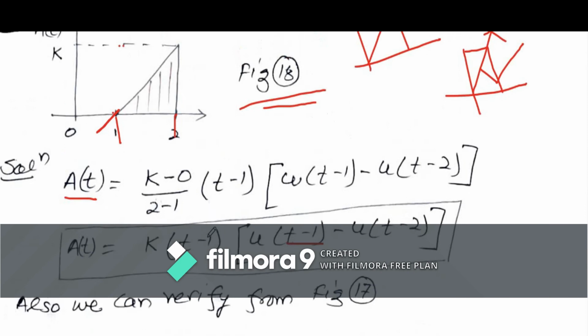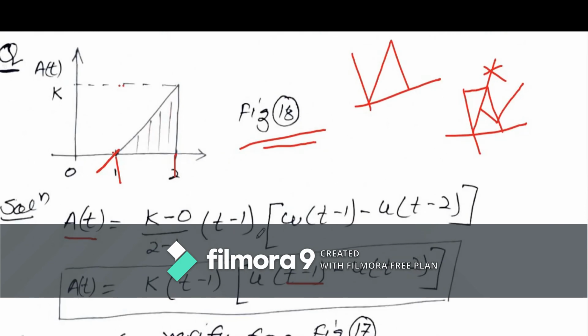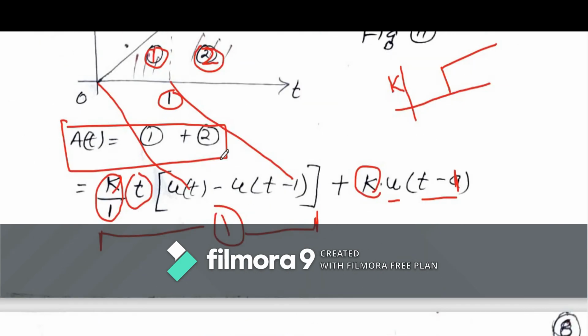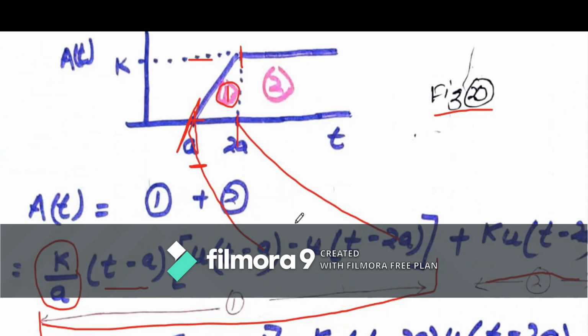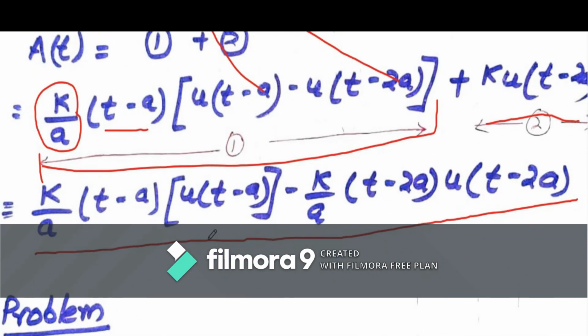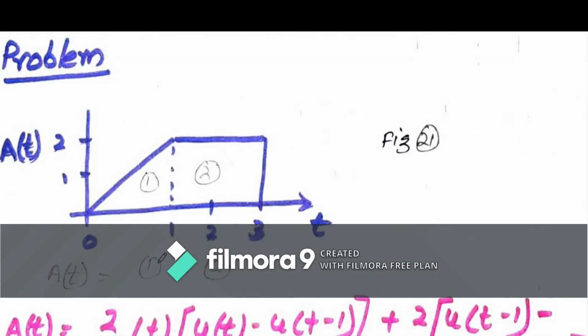The next problem is this one. The difference between figure number 20 and 21 is that in figure number 20 the waveform was open at this side, now it is closed. Means in the previous problem part 2 was a shifted step function, but here part 2 is a gate function.